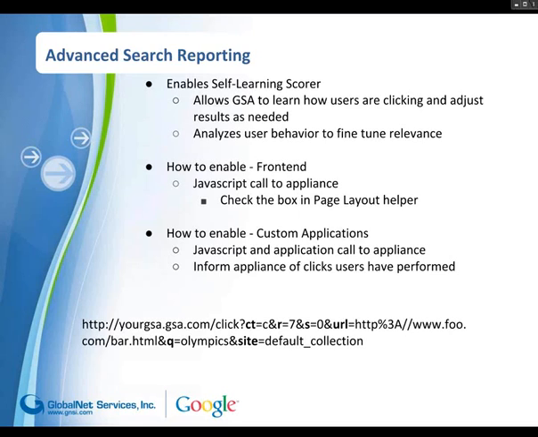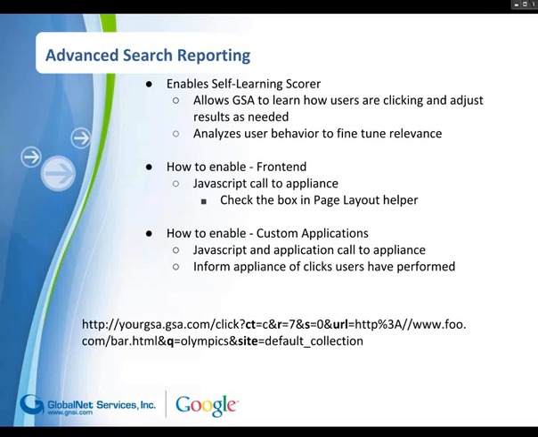For advanced search reporting, when we enable this, it allows the self-learning score, so the GSA will automatically increase documents to the top results based on search terms and clicks. In order to do this, it depends on whether you're using a front end or an application. If it's a front end, we want to go to the page layout helper in the front end of the GSA and check the box that says ASR if it's not already checked.